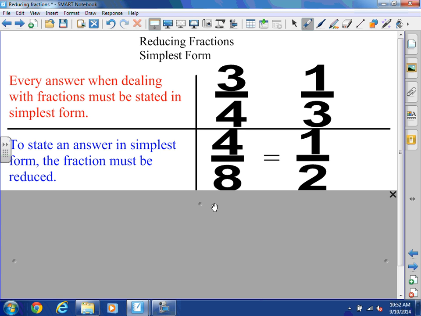Yesterday when we had the number tiles and I told you to build 2/4, and I said, is there a way to make 2/4 using fewer tiles? You took one of the halves and covered it and said, oh yeah, there's 1/2. Or we had 9/12. You covered it with 3/4 pieces, so that would be its simplest form, because instead of using 9 pieces, we use 3 pieces. That's all reducing is.